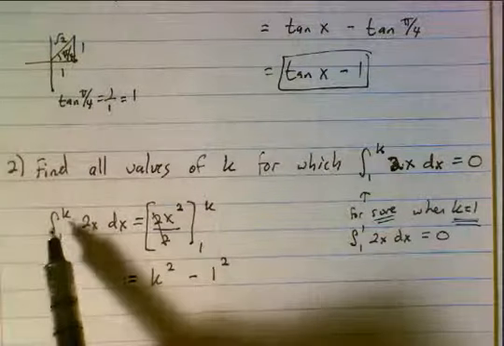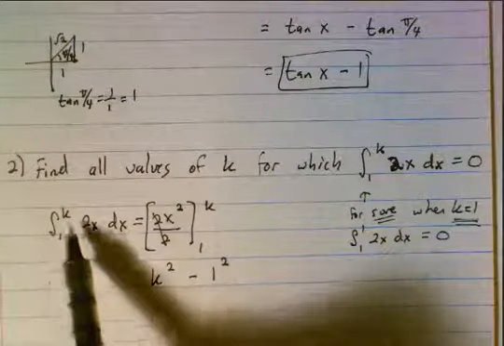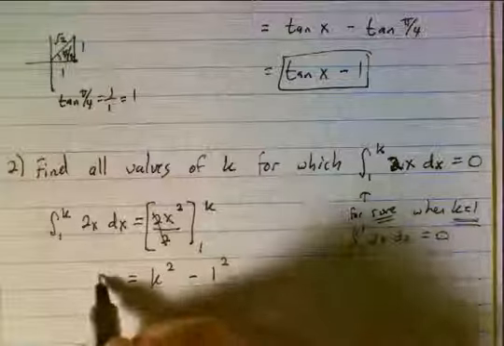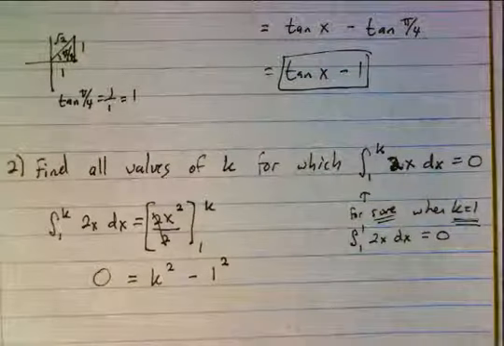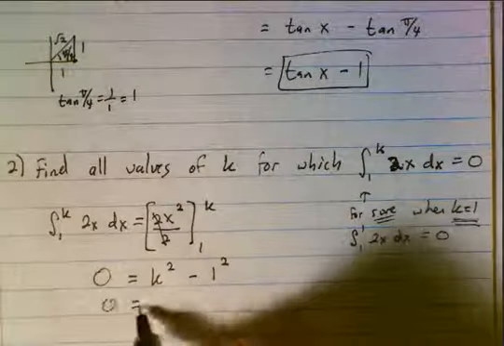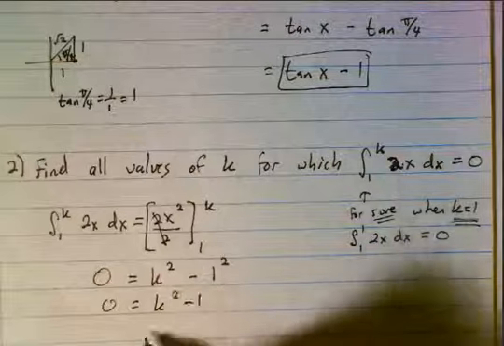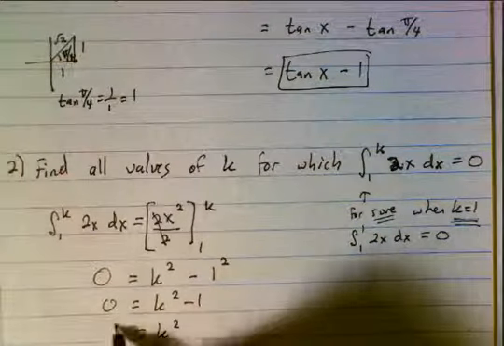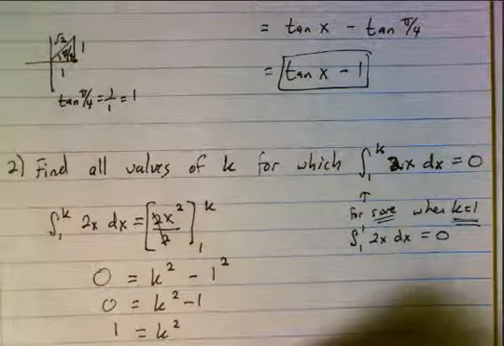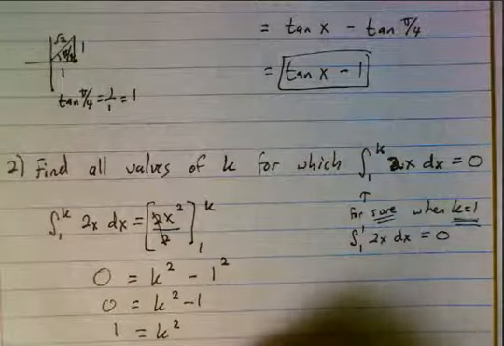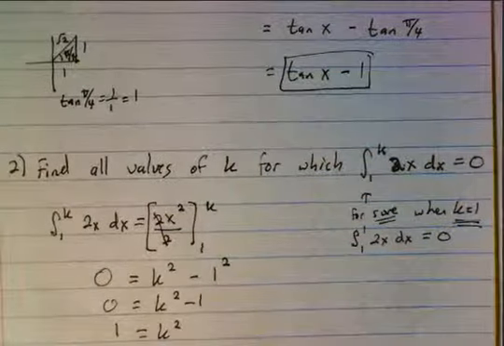And we're told that the integral from 1 to k of this function is 0, so we can say that 0 equals all of this. If we add 1 to both sides, k squared equals 1. And if we take the square root, the square root of 1 is plus or minus 1.